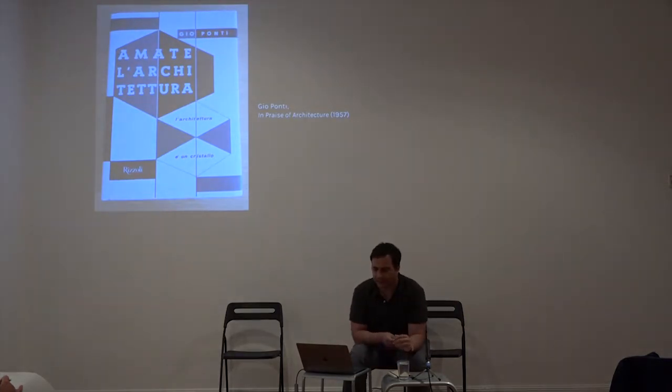While reading the introduction to the book version of the project, I was reminded of a passage from a book by Gio Ponti, who again was a modernist, even though in this case it's the second wave of modernism, as the book was published in 1957.